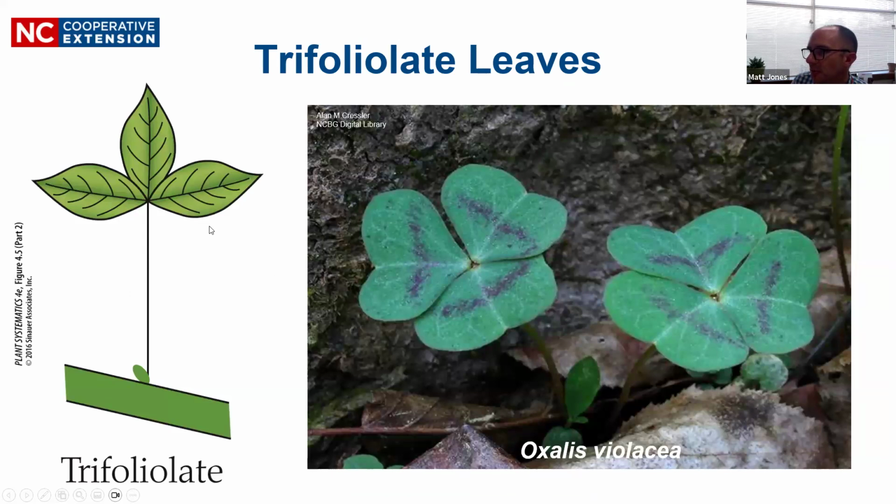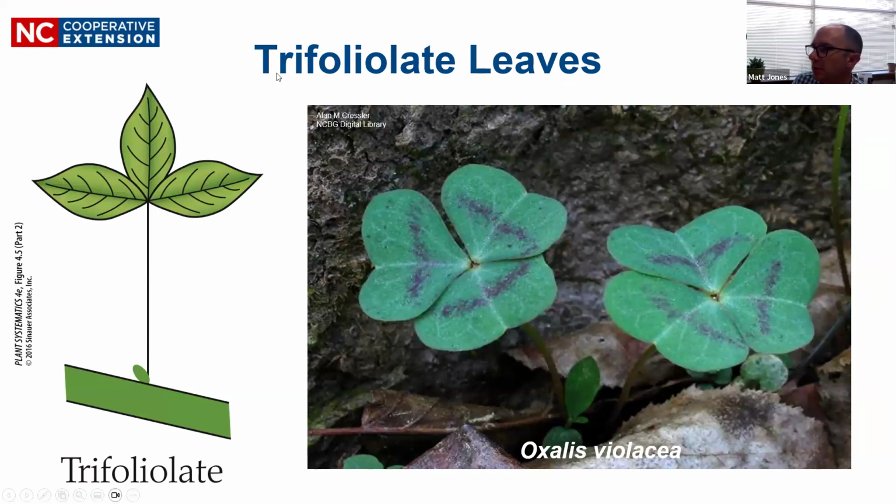There is a special term for when compound leaves have just 3 leaflets. It's trifoliolate, not trifoliate. So if you want to impress a botanist at a cocktail party, you'll use the word trifoliolate, not trifoliate.